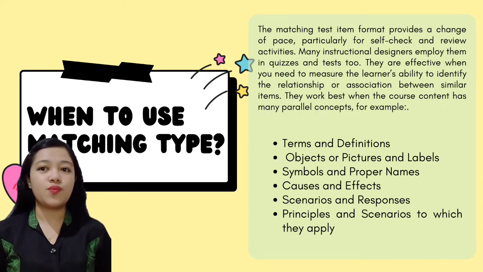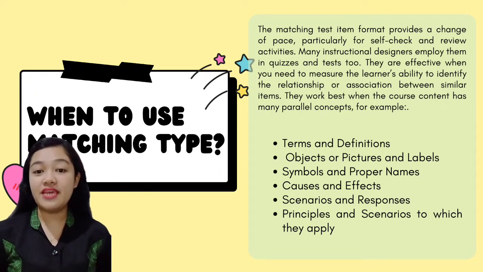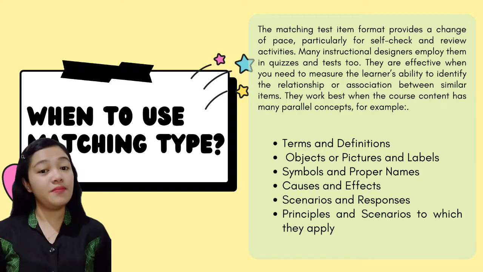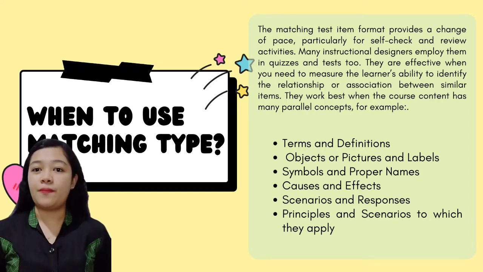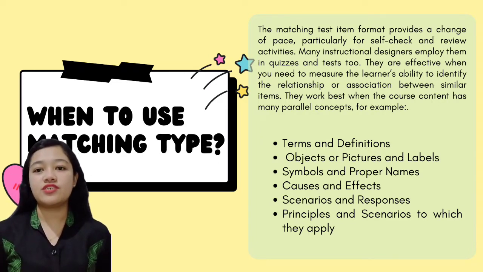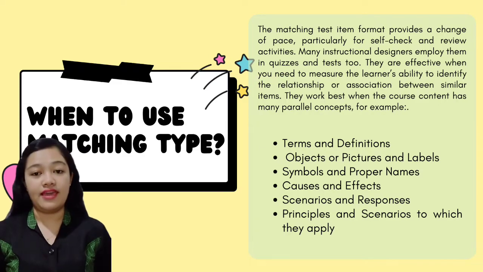They work best when the course content has many parallel concepts. For example, terms and definitions, objects or pictures and labels, symbols and proper names, causes and effects, scenarios and responses, and principles and scenarios to which they apply.